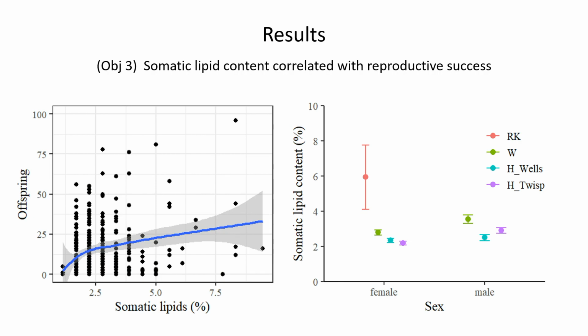So the thing that pops out there is that those reconditioned kelts had really high lipid content, and that might explain some of their high reproductive success. In addition, both the Wells and Twisp stock fish had lower lipid content than wilds, and that probably explains some of their lower reproductive success.